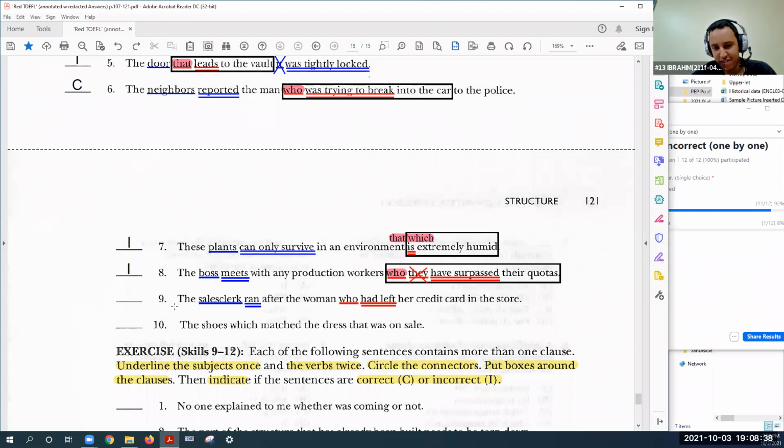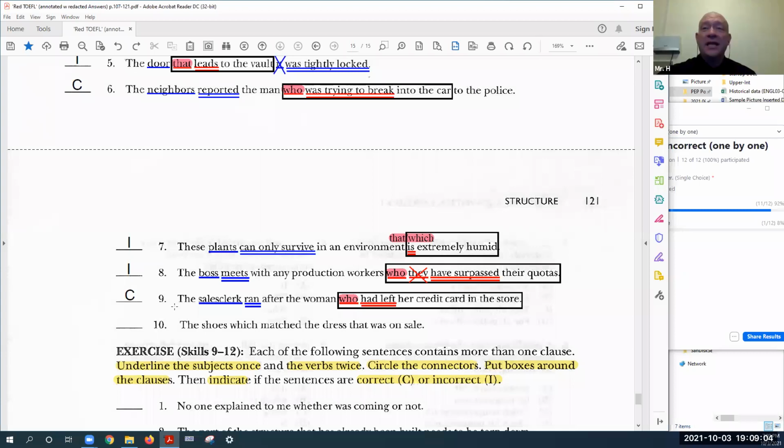Yes, and then her is the object. Her credit card. Right. So is this correct? This is correct. Bingo. Where is the clause? The adjective clause. Who had left her credit card? Exactly.